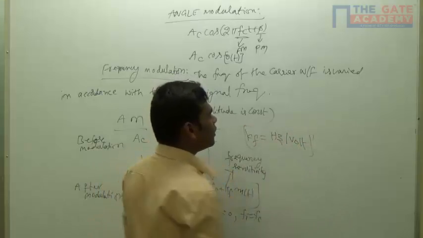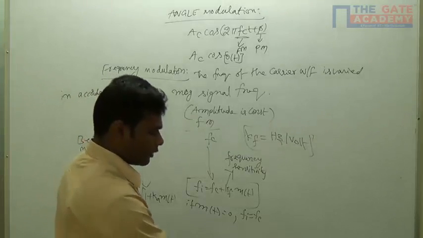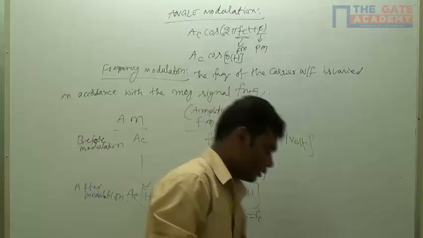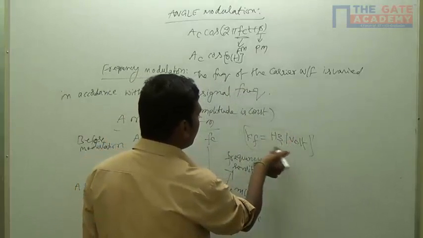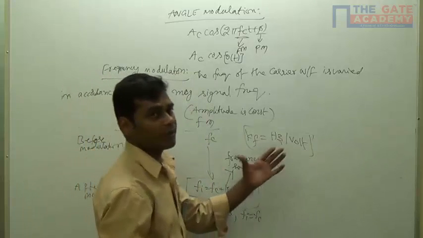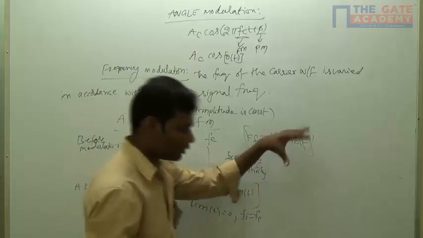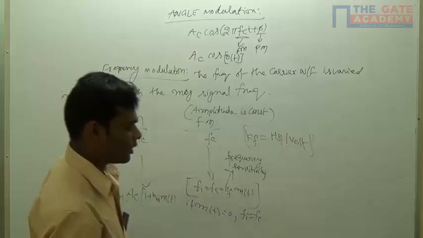Kf indicates the frequency change per 1 volt change: how much the frequency changes for a 1 volt change. This is the basic idea of Kf.